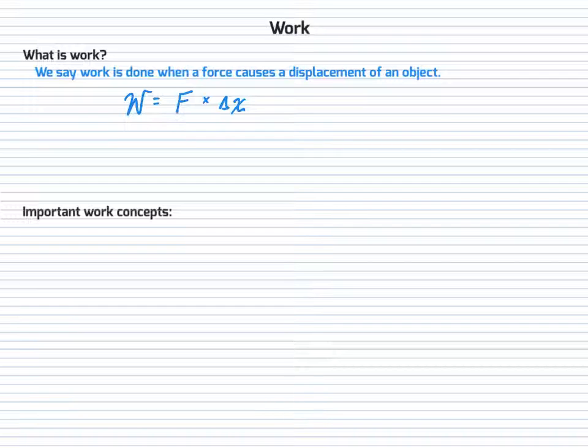Our units for work: we know the units for force are newtons, and that's times our unit for displacement, which is meters. So we could just say the work units are newton times a meter. However, we simplify that down in physics and say that the units are joules.